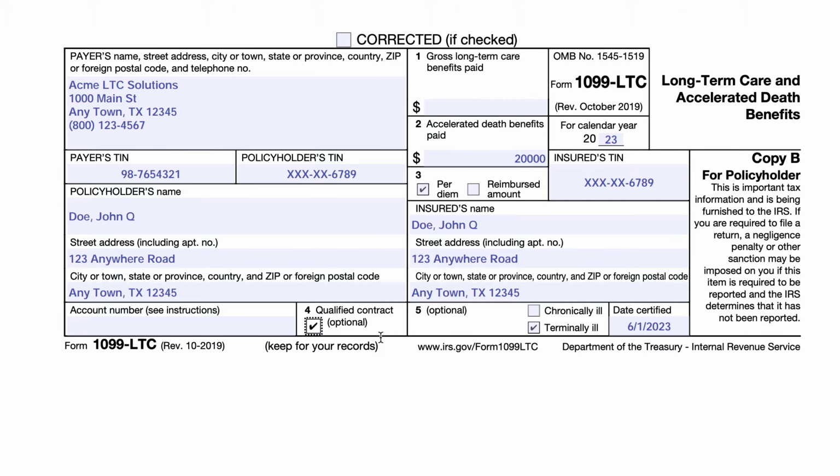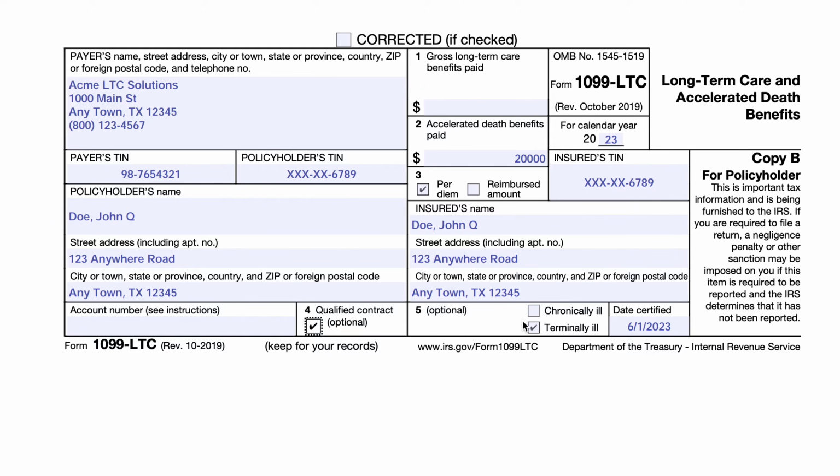For any contract issued after 1996, it is considered a qualified long-term care insurance contract if it meets certain requirements as outlined in the Internal Revenue Code, specifically Section 7702B that covers the tax treatment of long-term care contracts. It also includes a provision that the insured must be considered a chronically ill individual in order for those proceeds to receive qualified tax treatment.